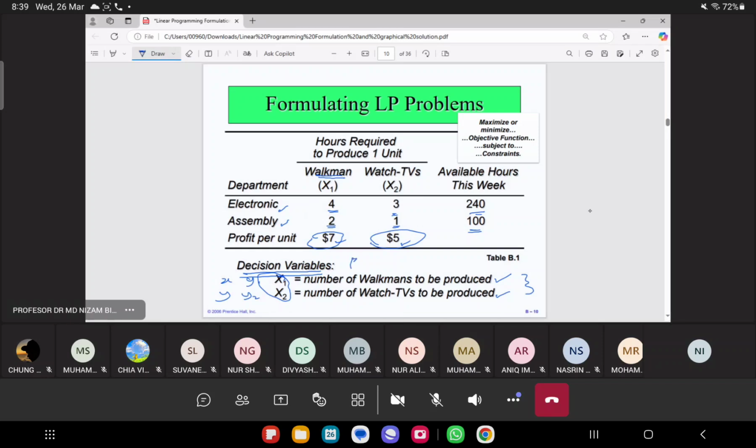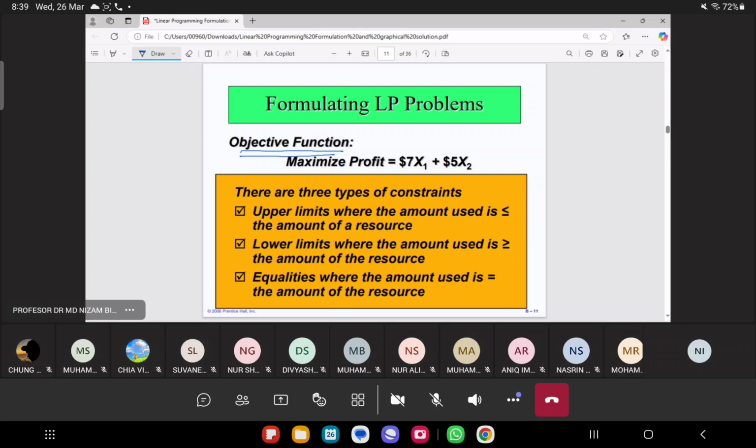So I can calculate profit equals 7x1 plus 5x2, and this is your objective function. The stated objective is to maximize profit, and profit equals 7x1 plus 5x2. Any questions?